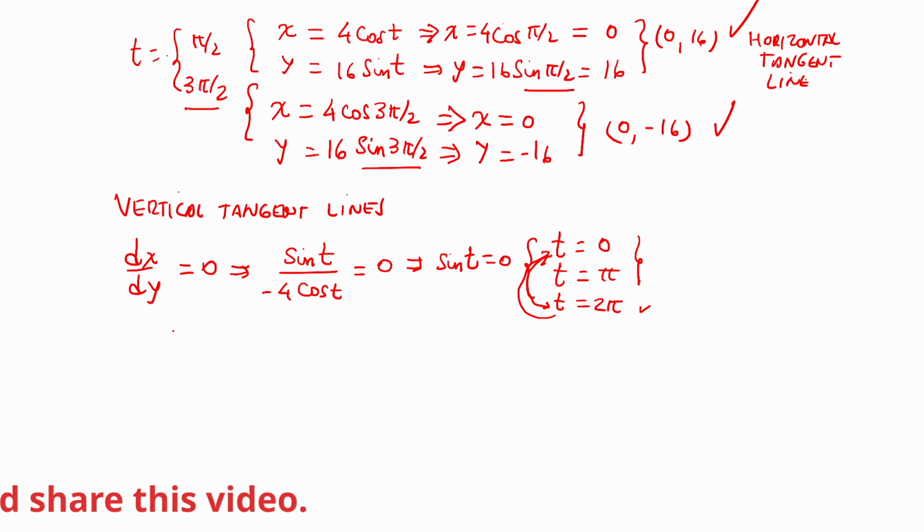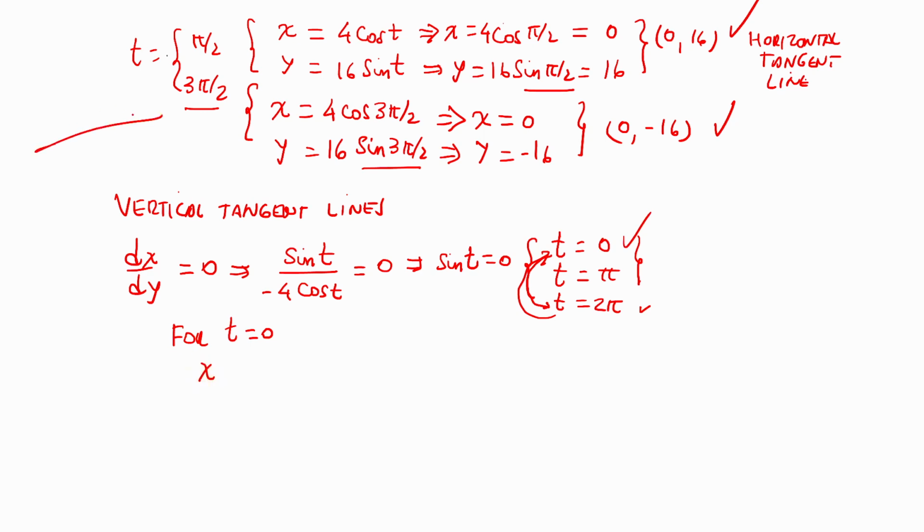Okay, so now for t equal to 0, for this point here, we find the values of x and y just as we did here. x is 4 cosine of t, and y is equal to 16 sine of t.